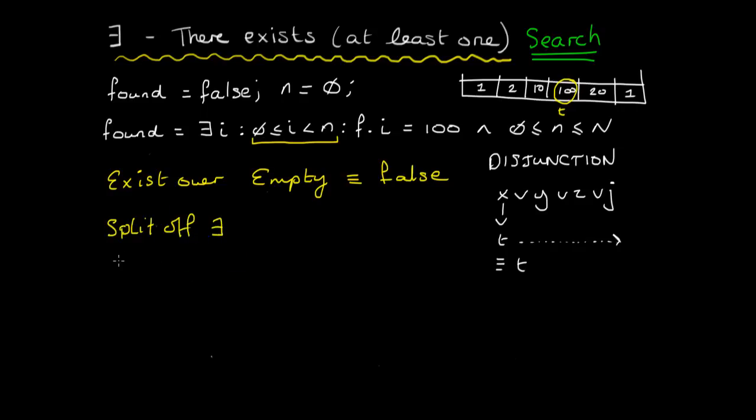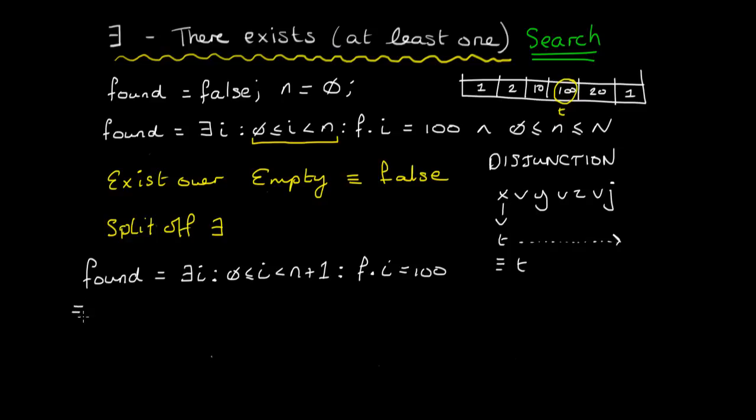what we might have is something like this. We'd have found is equal to there exists an i, greater than 0, less than n plus 1, and then we'd have f.i equal to 100.